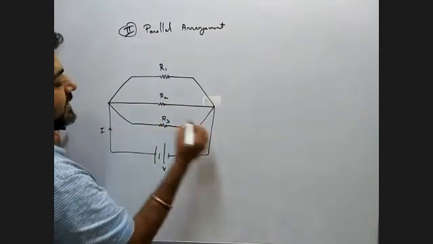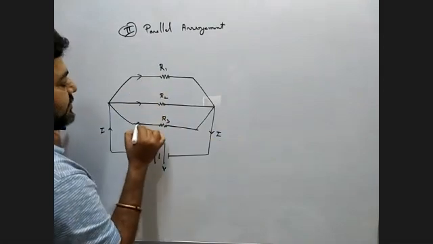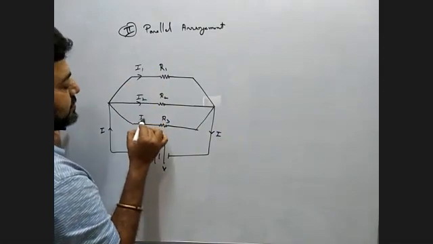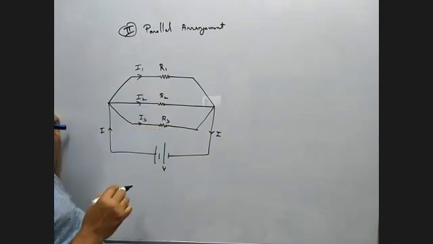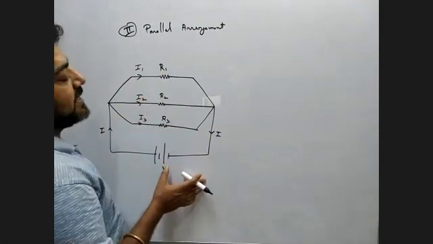I is the supply current, I is the received current. That I is divided into 3 parts, I1, I2, I3.